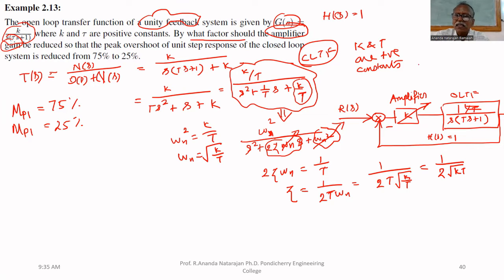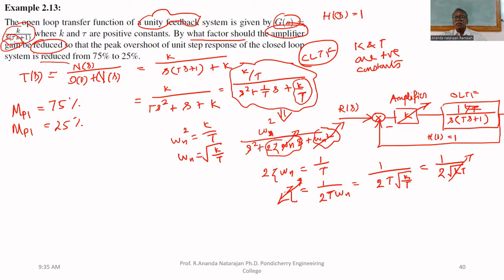So if you vary this gain k, definitely there will be a change in zeta. If you increase k, zeta will decrease, because the relation is 1 by 2 square root of k tau. That's why what is asked is by what factor the amplifier gain should be reduced.